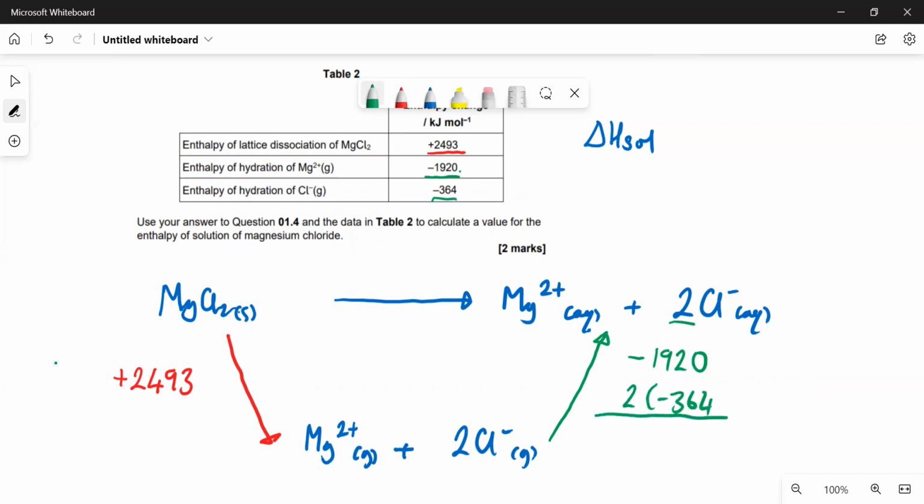Add that lot up together, and it comes to minus 2648. Now we are interested in working out this value here, delta H solution, the enthalpy change when you dissolve 1 mole of the solid.